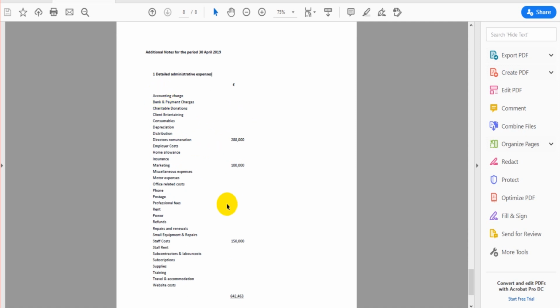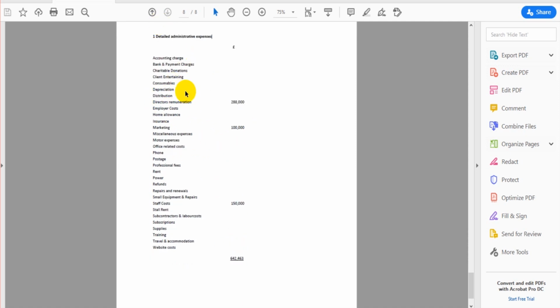Now, I haven't gone through and listed all the admin expenses because it's not needed for the video, it would take far too long. But if we look here at directors' remuneration, £288,000 has been paid out to directors.